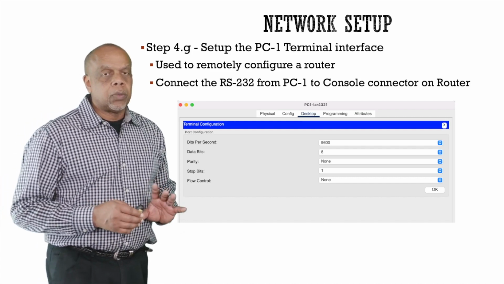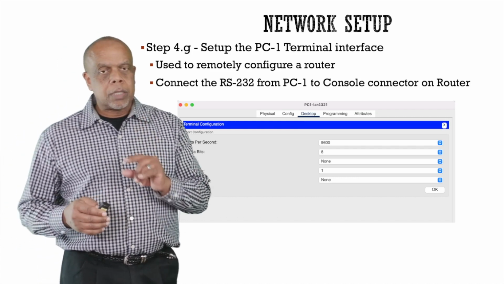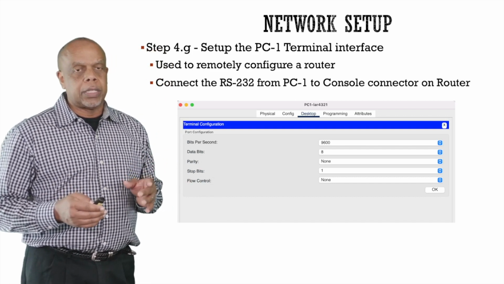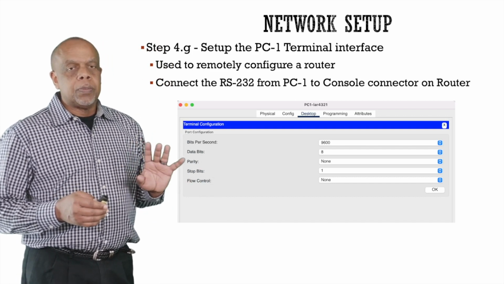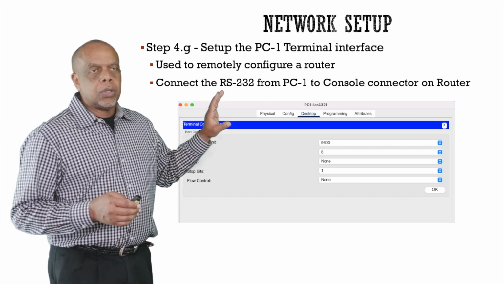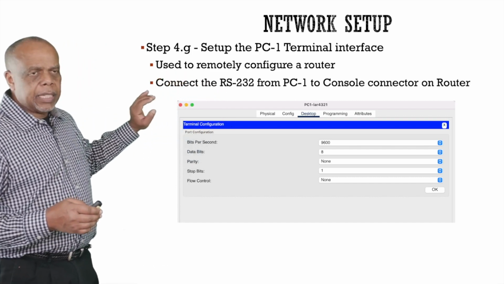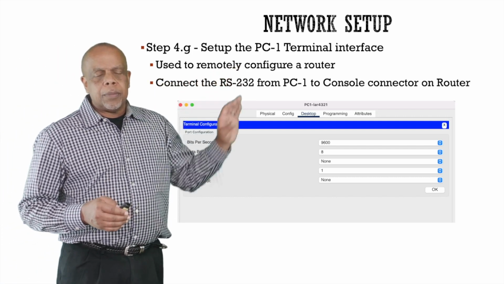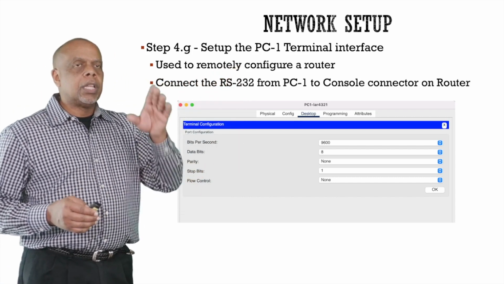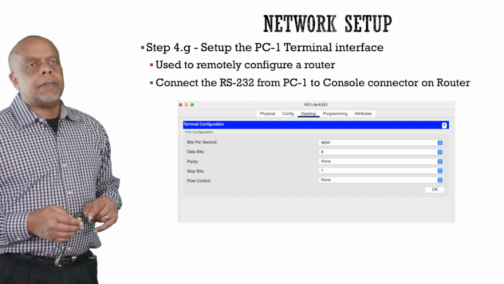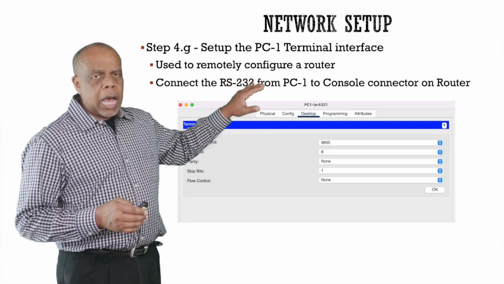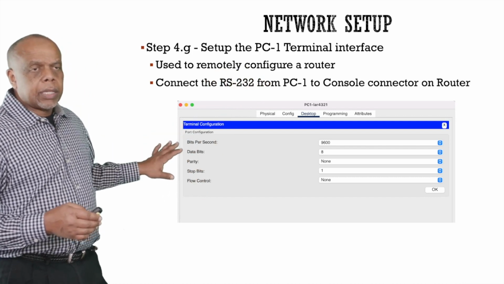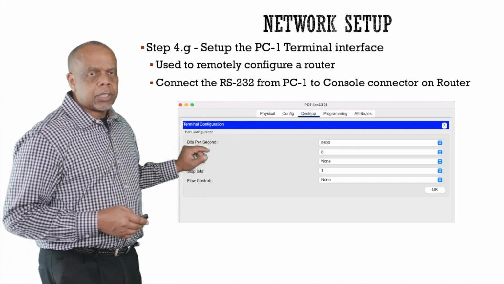Now, one of the things, like I said, as we set this network up, I talked about it briefly earlier, is to set up a terminal interface. What this means is that we're going to use a PC. Well, I'm going to use PC1, and we're going to connect PC1 from the RS-232 connection to the console connection on the router. To do that, we're going to go to Packet Tracer, and I'll show you this.